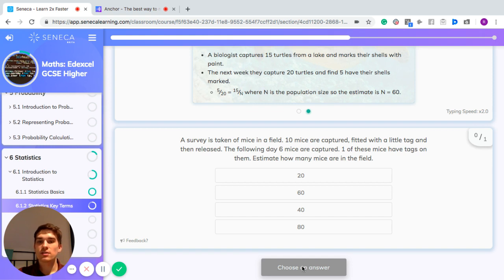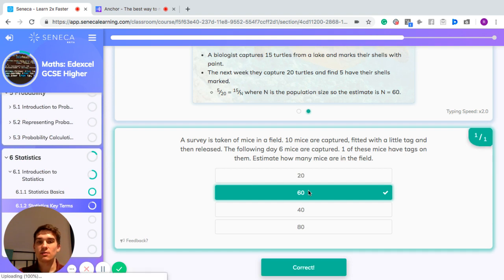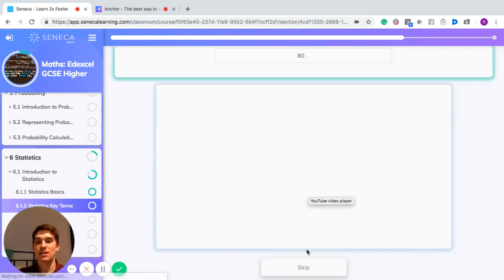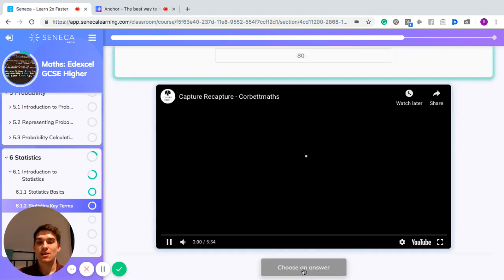Well, on the second day, 1/6 of the mice captured have the tag on them. So we can assume that the same proportion of mice captured on the first day are also in the whole population in the field. So we had 10 mice captured on the first day. That will tell us that we can estimate that there are 60 mice in the field.